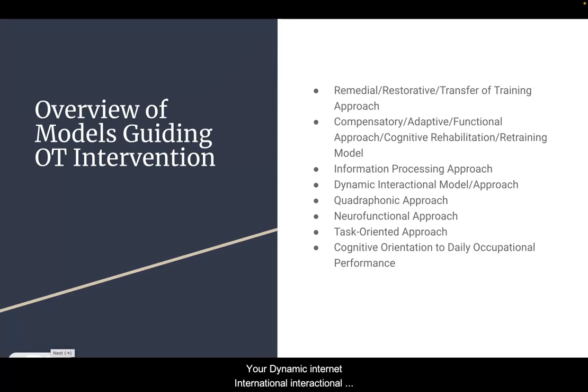Your dynamic interactional approach or model emphasizes the transfer of information from one situation to the next. Is your client able to generalize? It utilizes varying treatment environments, so generalizing from the kitchen to somebody else's kitchen, or from the bedroom to the bathroom.